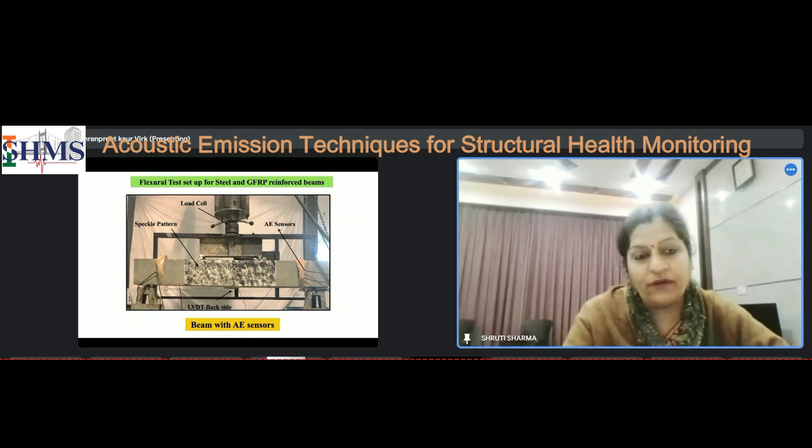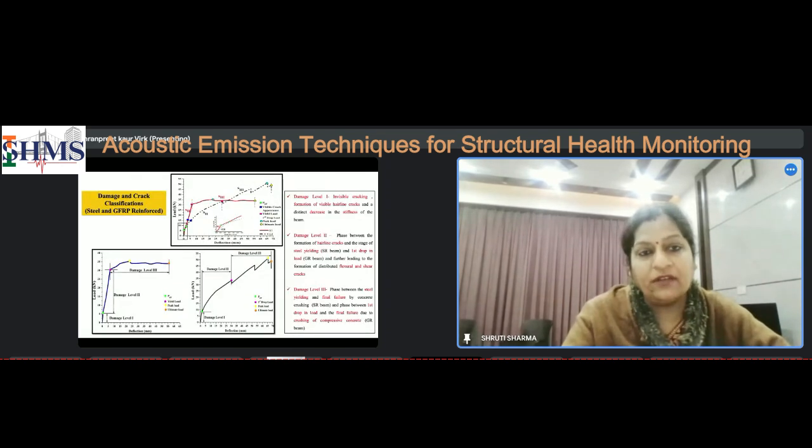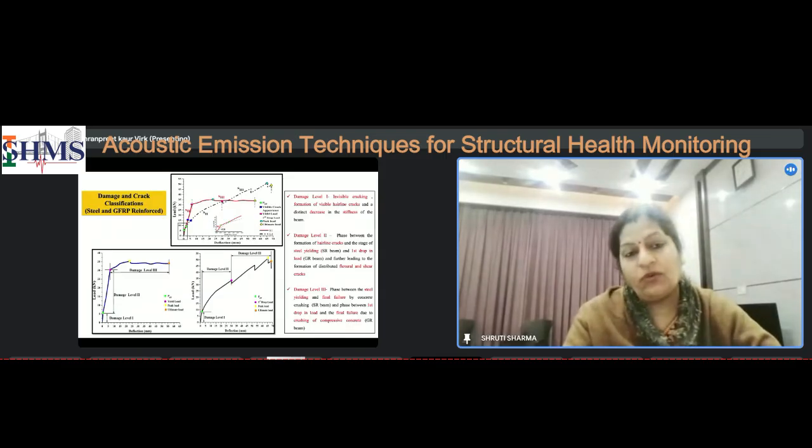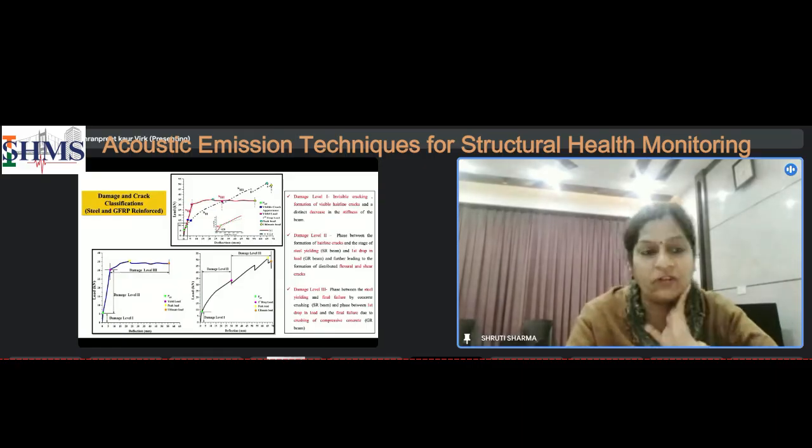Next slide. Yes. If you see the two graphs on the bottom, the left hand side is for the steel and the right hand side is for the GFRP reinforced beams. So very well we understand this. We could make out the three levels of damage which the two types of beams experience.